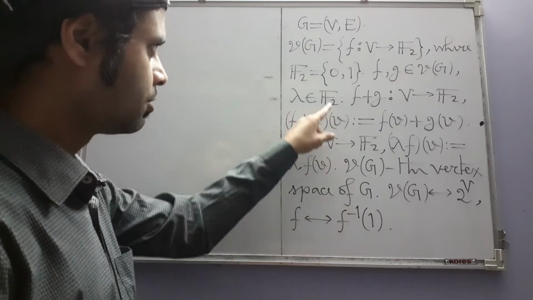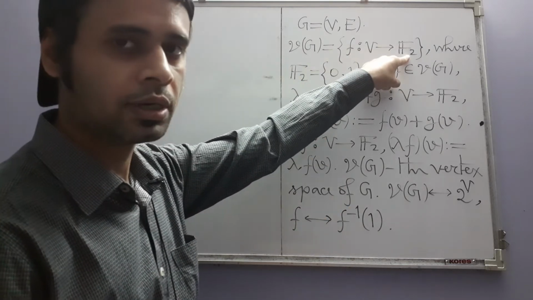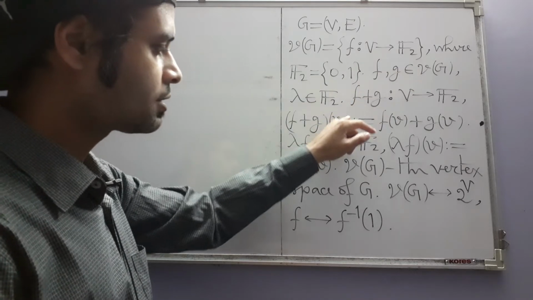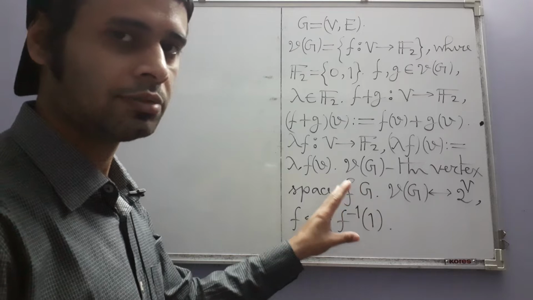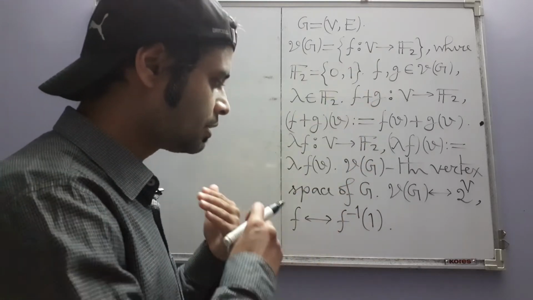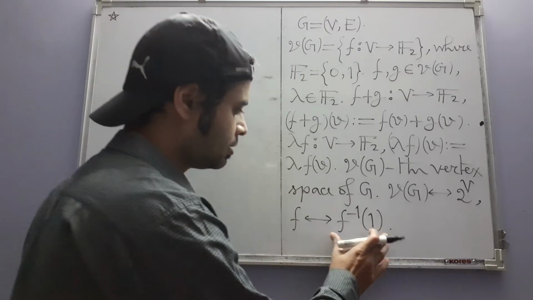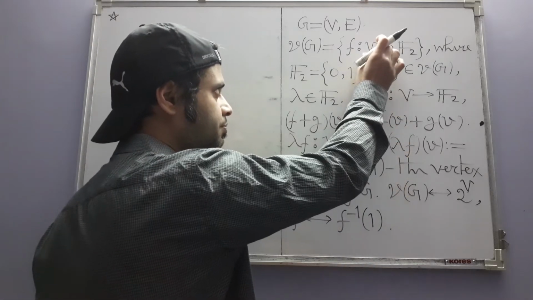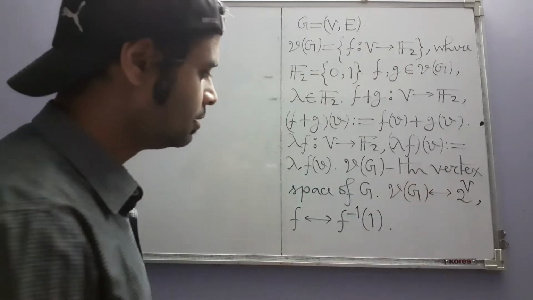Yes, because your 1 is coming from here, and because your f maps V into F2, you can ask what the inverse image of 1 is under f, and by definition it is the set of those elements in V which get mapped onto 1 by f, and this is of course a subset of V, that means an element in the power set of V.